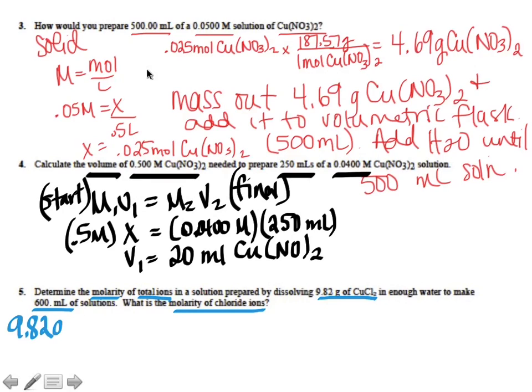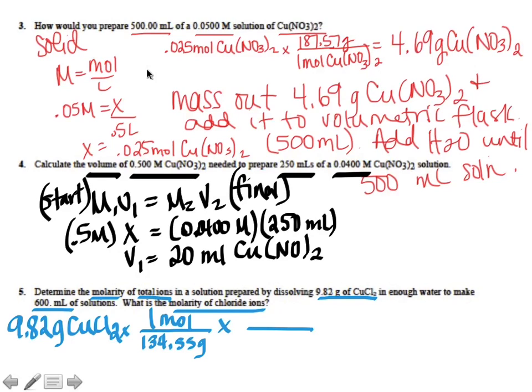So we had 9.82 grams of CuCl2, and we need to convert that to moles by using the molar mass of copper 2 chloride, and I got 134.55 grams per 1 mole. I'm just going to keep stoiching it across.